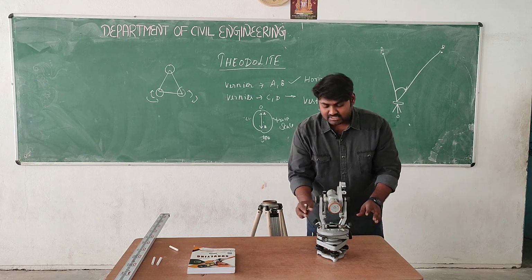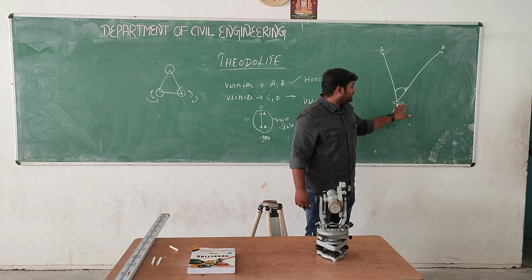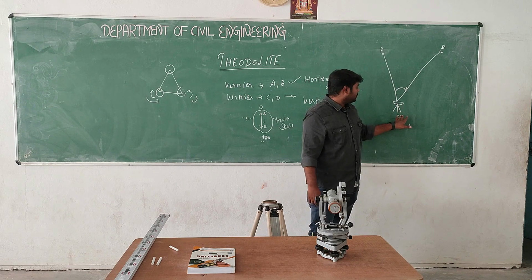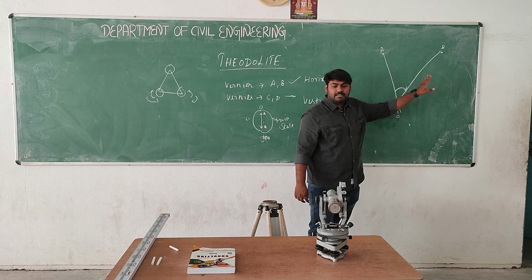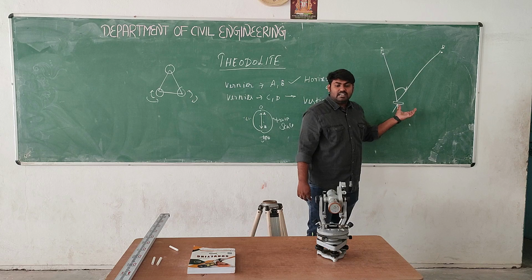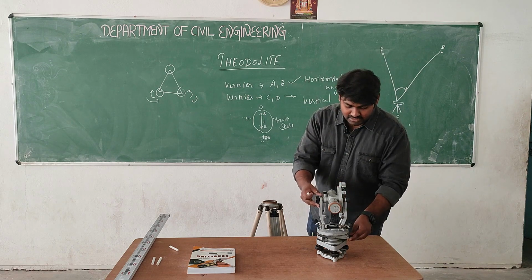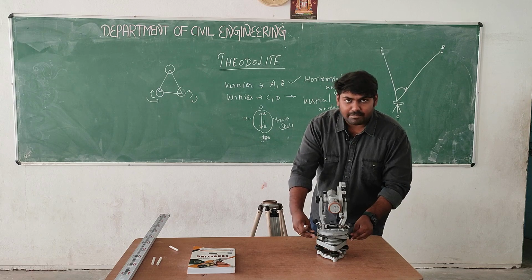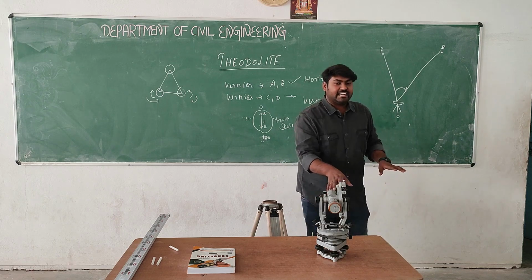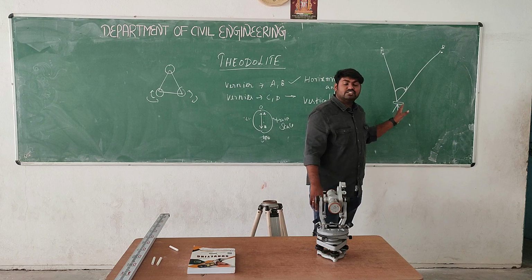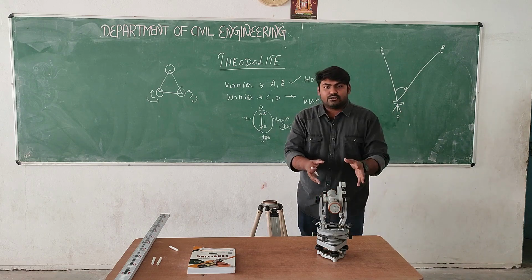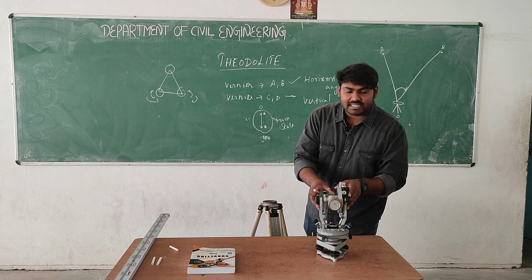We apply this concept when we fix the instrument at point O to find A and B, and the instrument should not have any movement. So we adjust both the upper and lower screws. If you tighten both, the instrument does not rotate, so there is no movement in the instrument.